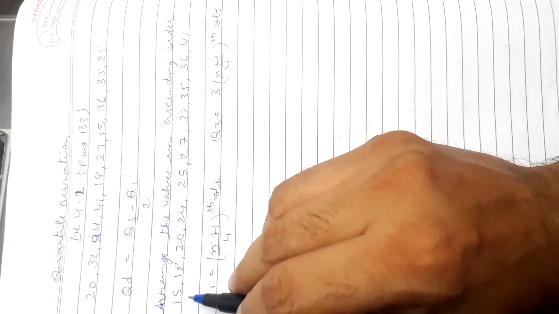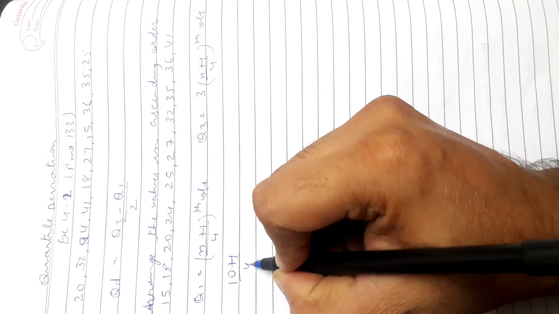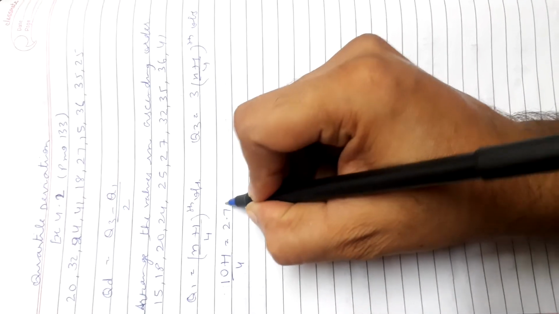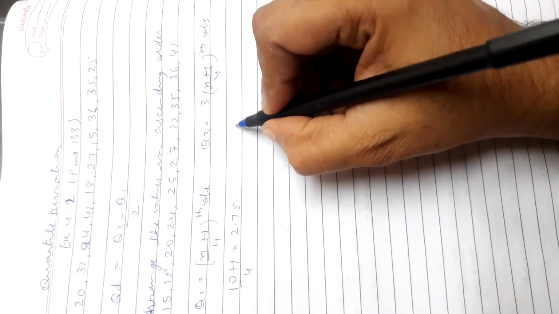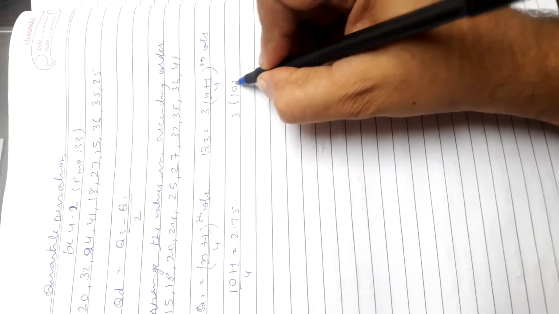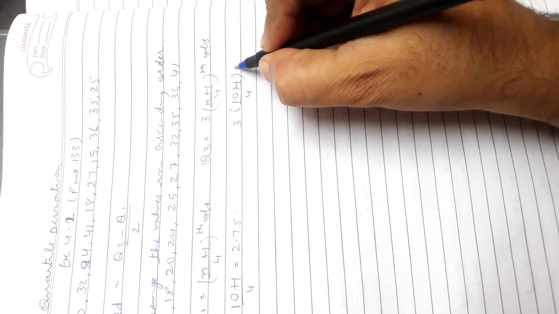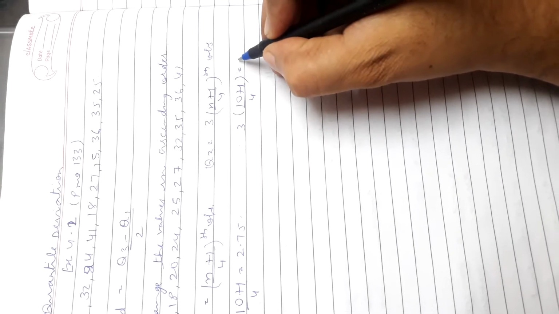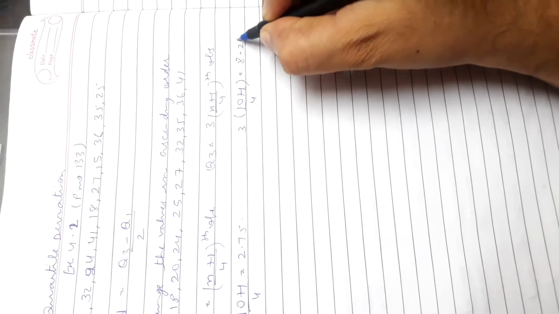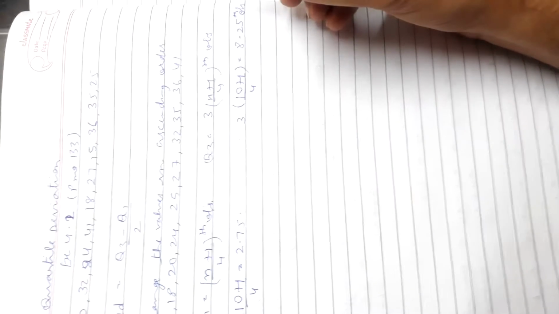Total number of values is 10, plus 1 divided by 4 is equal to 2.75. Here 3(n plus 1) divided by 4 is equal to 8.25 observation.